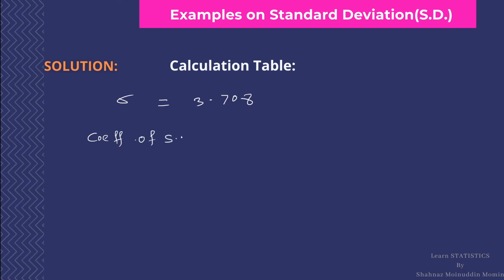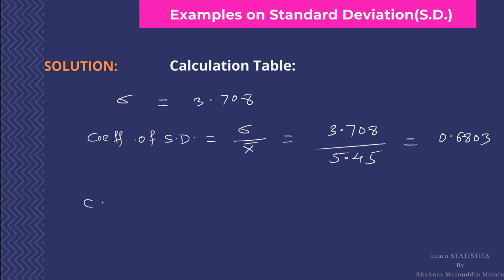standard deviation, is equal to sigma upon x bar, which is equal to 3.708 divided by 5.45 equal to 0.6803. Similarly, coefficient of variation equal to sigma divided by x bar into 100.